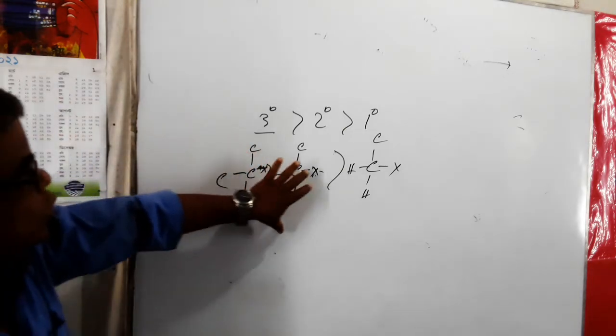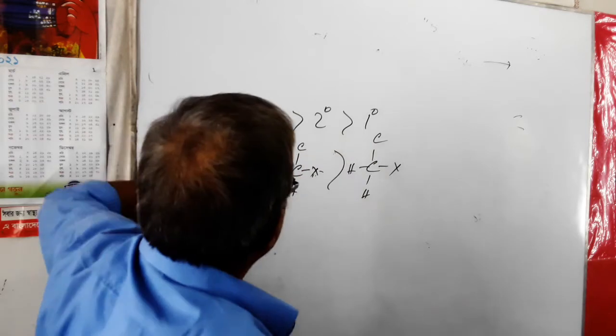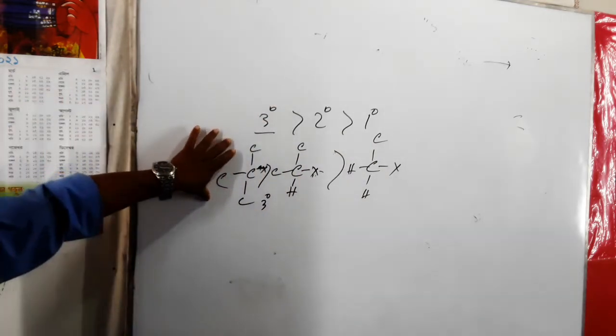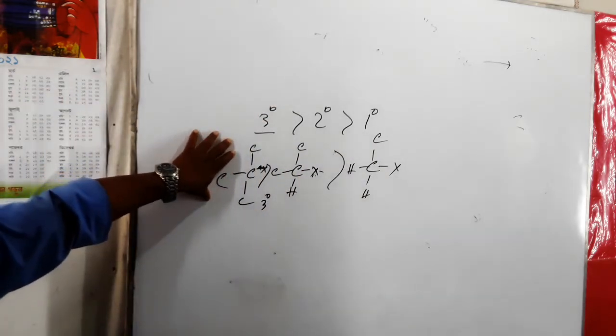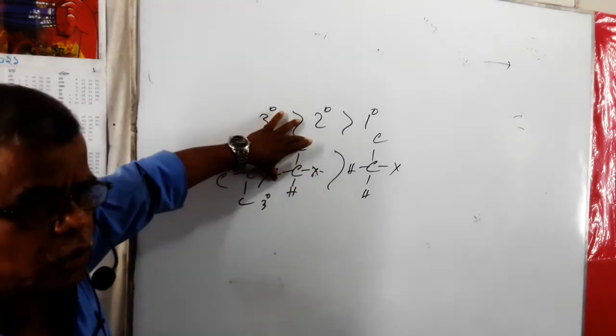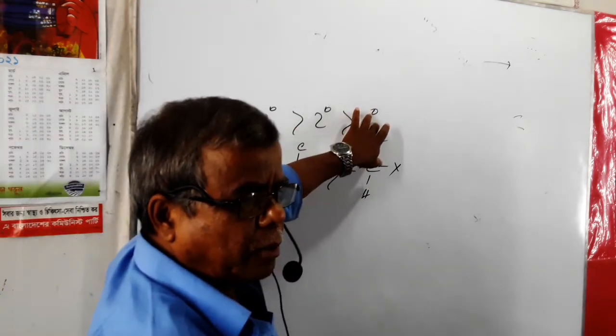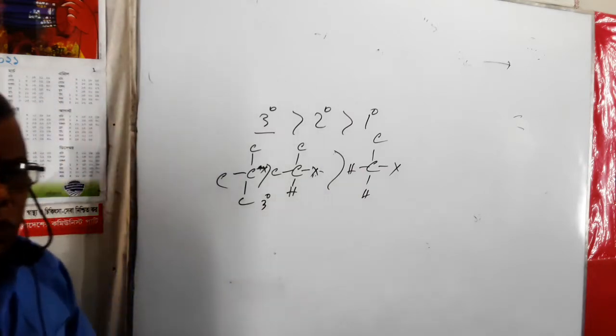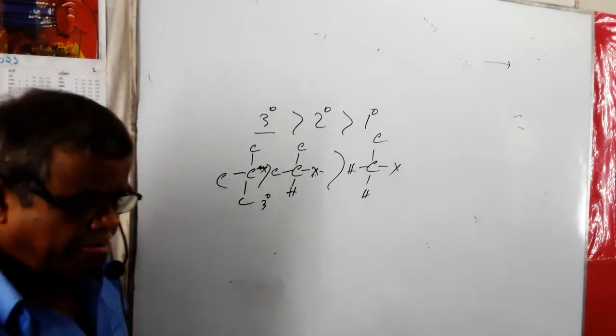So these are 3 degree, 2 degree and 1 degree alkyl halides.